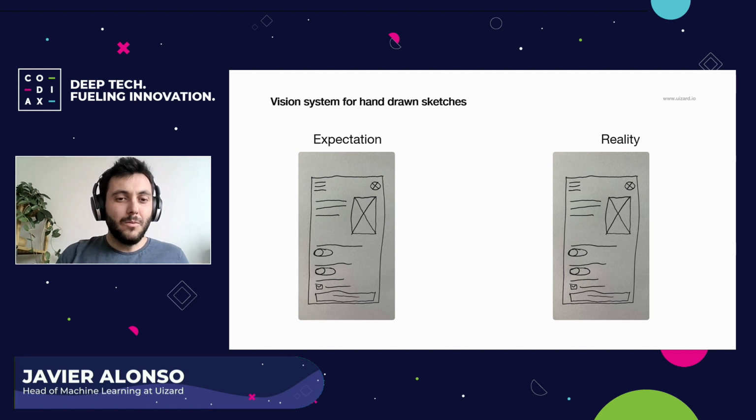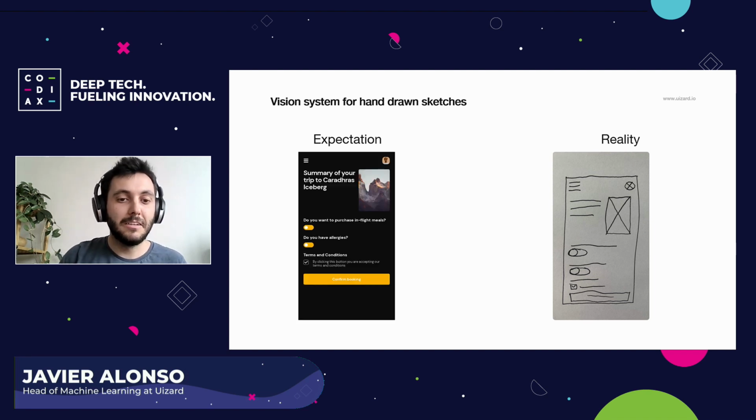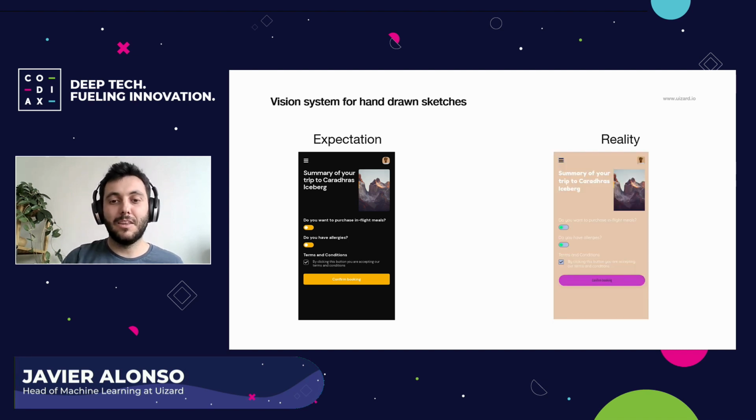So we were expecting that the wireframes that they convert would look something like this, nicely designed, but the reality is that it looks something more like this. And it's no surprise, because most of our users are non-designers who don't know about all the complexities of creating a compelling brand image, all of the color matching, all of the typography choosing problems.